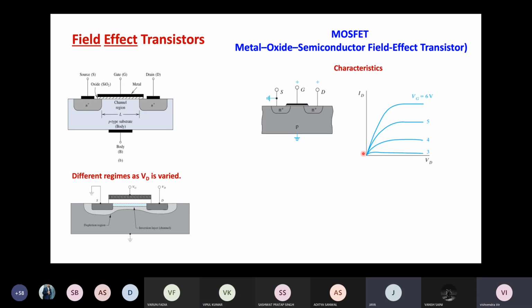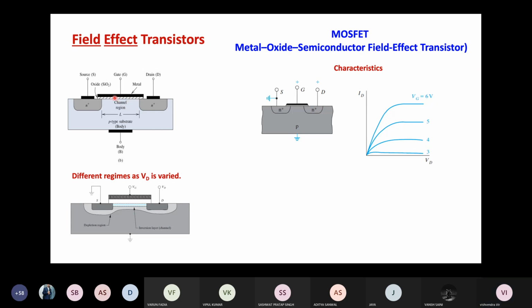So the oxide works as an insulator. Insulator means that it will block any movement of charge carriers between the gate and this region, which is known as the channel region. So this region between drain and source is known as the channel region, and the channel region is the active region of the device. So this small region is actually responsible for the entire transistor operation.